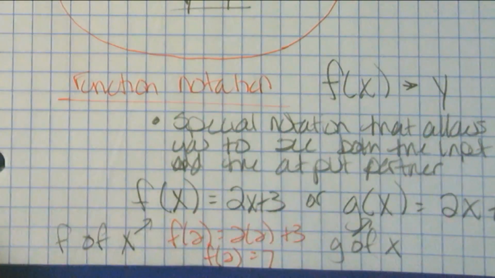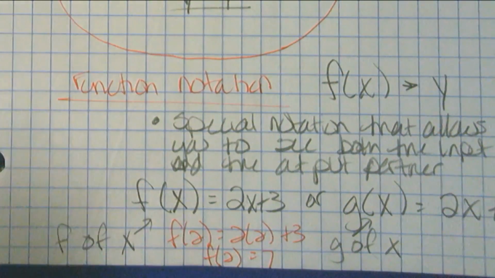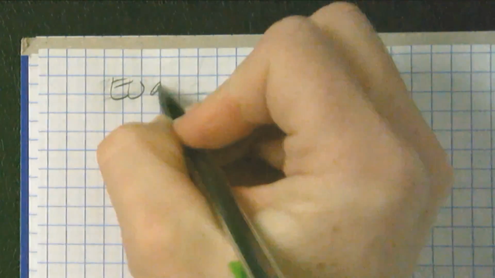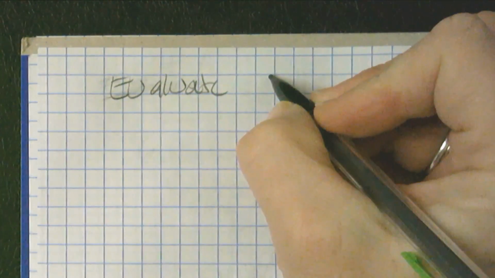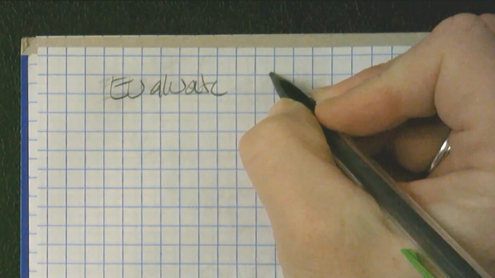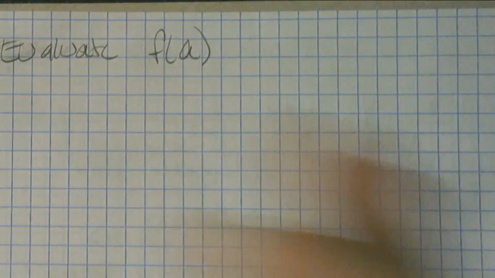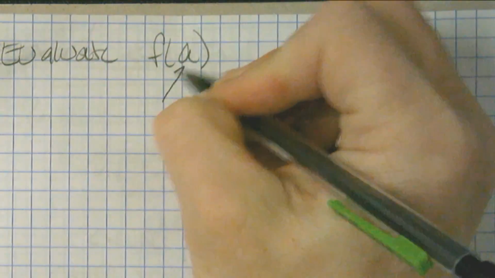All right, so I want you guys, the next one, we're going to use function notation, okay? Who needs to see what's up there? So your book will kind of go back and forth between using y equals or using like g of x equals or h of x equals, all right? So I want you guys to evaluate f of a. This time I didn't use x. But what you're going to notice is this variable is the variable inside the equation.